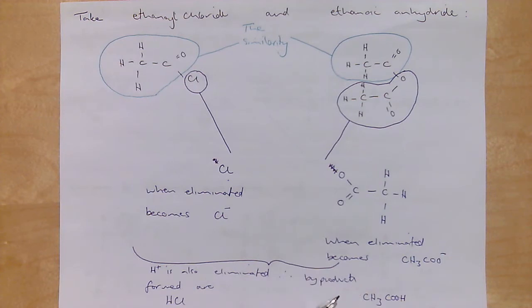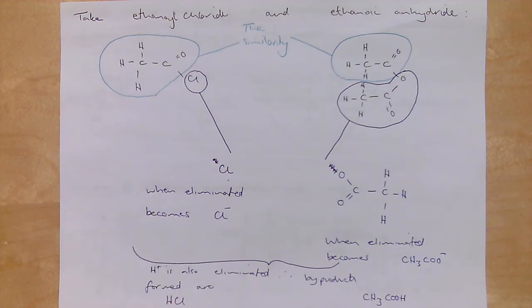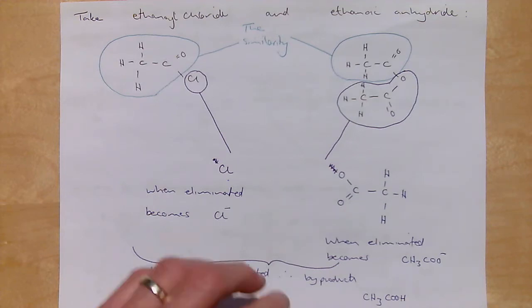With the acid anhydride, the H+ is also eliminated, but you've also got your CH3COO minus eliminated. When H+ comes together with CH3COO minus, you end up with CH3COOH. I hope you can see there are an awful lot of similarities between the mechanisms for addition elimination reactions of acyl chlorides and acid anhydrides.